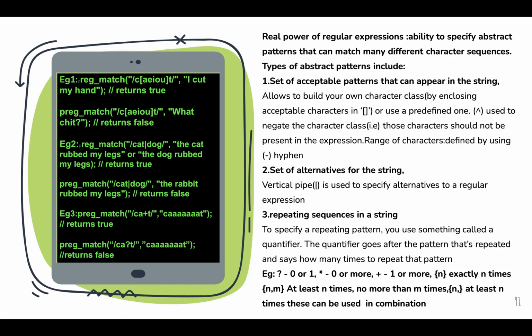Whereas if we take "chipped", it certainly does start with C and end with T, but in the middle we do not have a vowel. That is why it returns false.